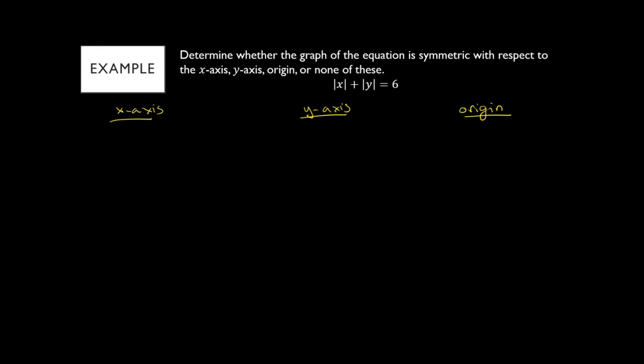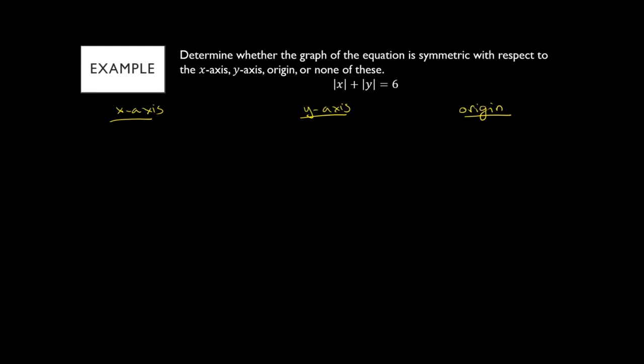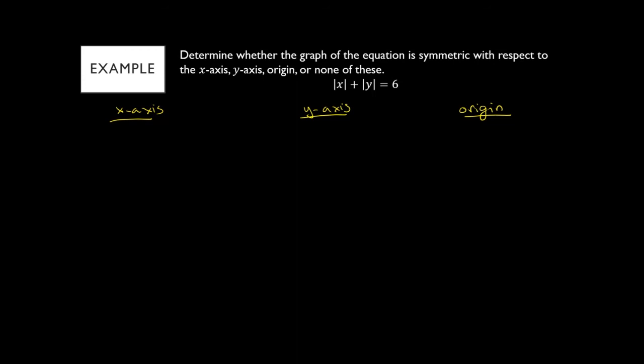When you have things with absolute values, or even exponents like we saw with the x squared, those tend to have symmetry. And then it's just a matter of whether you're able to do that on the x and the y to see what is going to be canceling out. So for the x-axis symmetry, you plug in a negative for y. And so our absolute value on the x stays the same. And then we're taking the absolute value of negative y instead of regular y, and then equals 6.